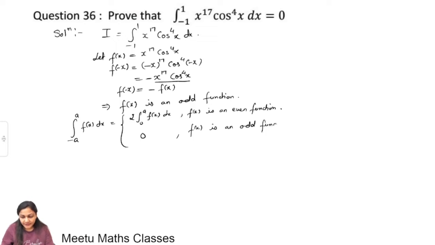And here your I is between minus 1 to 1, and your function is an odd function. So this integral is directly equal to 0.